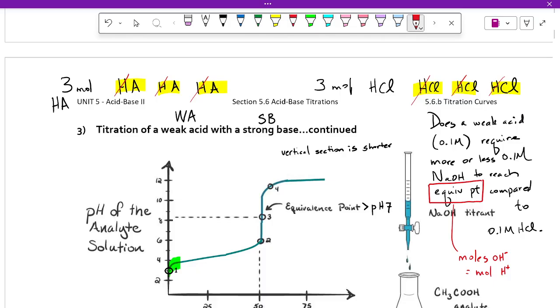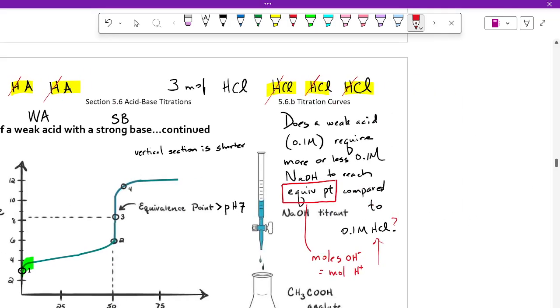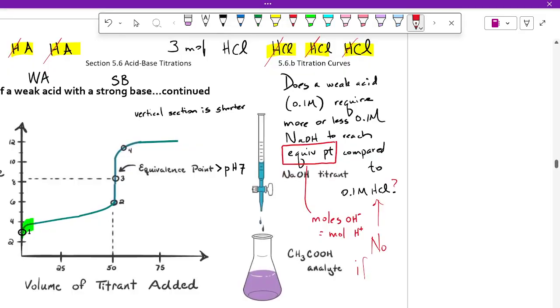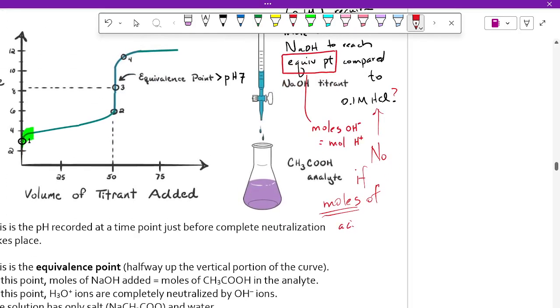Does it require more or less? No, it requires the same amount. If moles of acid are the same, the strength doesn't matter.